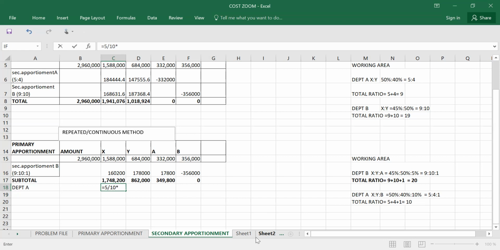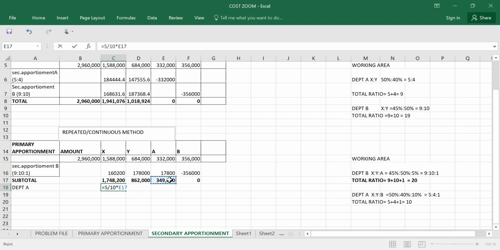Now listen to this. This was the reason why I made this subtotal. A has its own original cost from the primary apportionment, plus what B distributed to it. So the total cost that A is distributing is now 349,800.